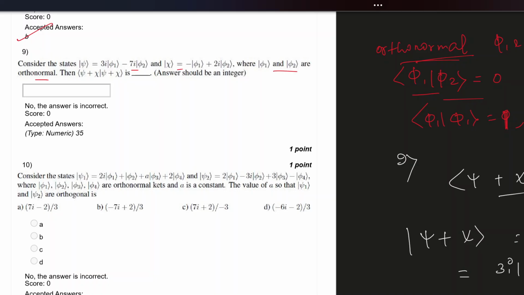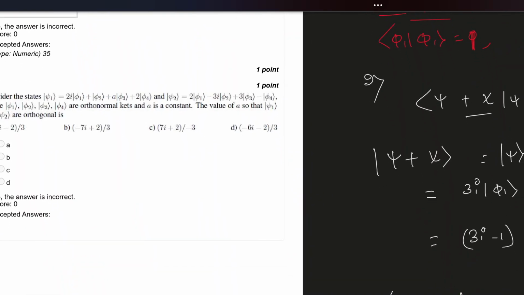So by conjugate, this 3i minus 1 becomes minus 3i minus 1 and phi 1 becomes from bra to ket, and this phi 2 becomes minus phi 2 plus phi 2 and phi 2 bra to ket.